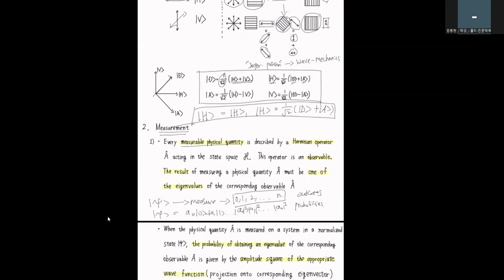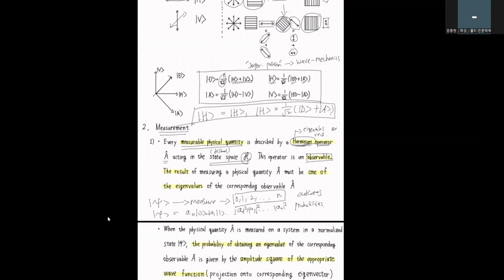Every measurable physical quantity is described by a Hermitian operator, which we learned in lecture 1, A, acting on the state space, H, basically the Hilbert space. Now, this operator is what we call an observable. And the reason it should be a Hermitian operator is because the eigenvalues are real.